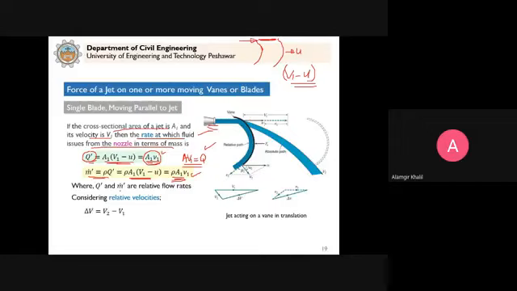Okay. So now that we consider the change in velocity, we have to consider the relative velocities. For the inlet and for the outlet, this is the relationship, and we find out that this delta u is equal to small delta u.